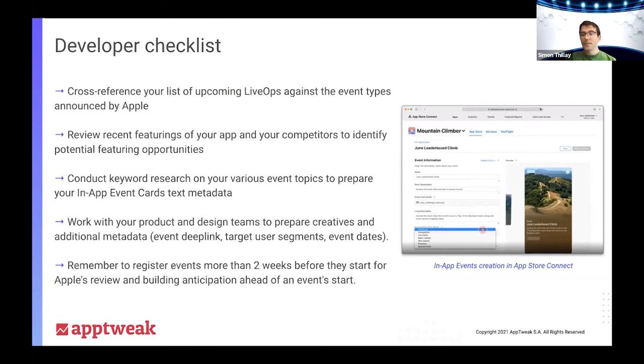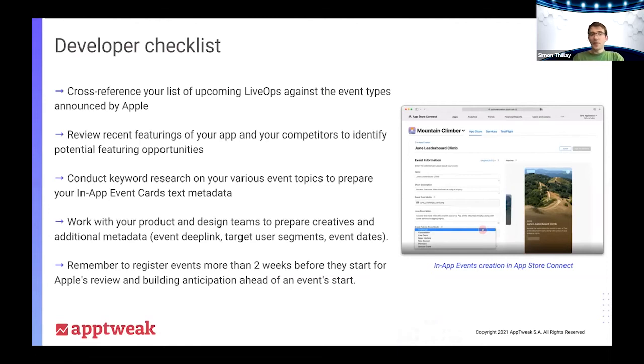You have competition, live event, major update, new season, premiere, and special event. So map which of your events already go into each of the categories to get started. And also review what recent featurings you got and your competitors got to identify which are the topics that you might have the best chances in.